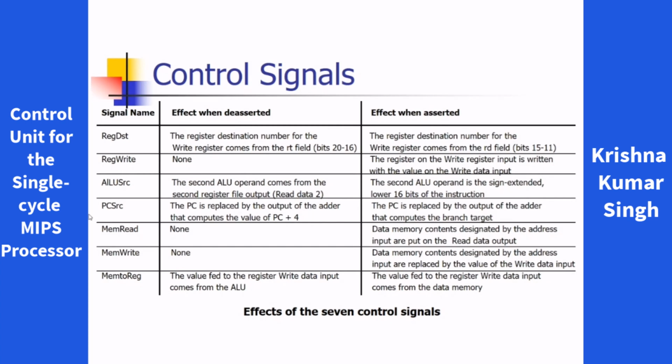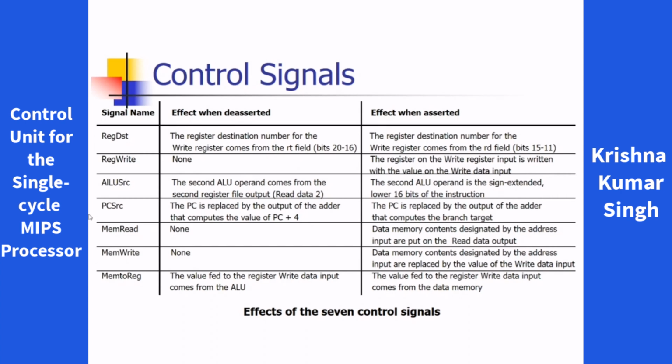So in the normal instruction, we always update the program counter by PC plus 4. So for the normal instruction PCSrc should be 0. But for the branch instruction, if the condition is satisfied, then the PCSrc should be 1 in order to make it possible to load the branch target address to the program counter.